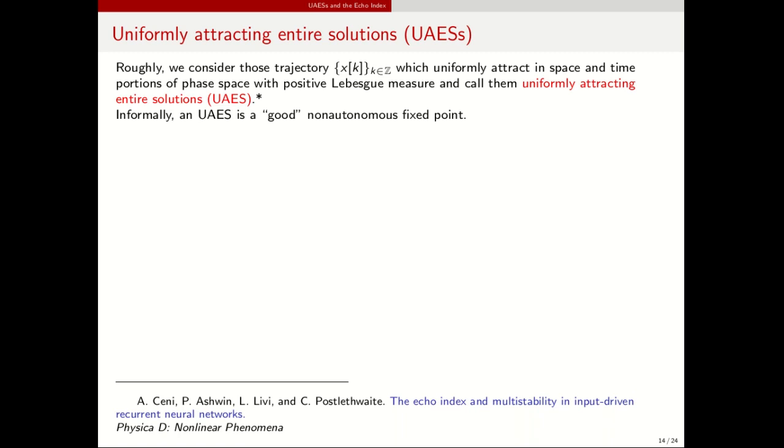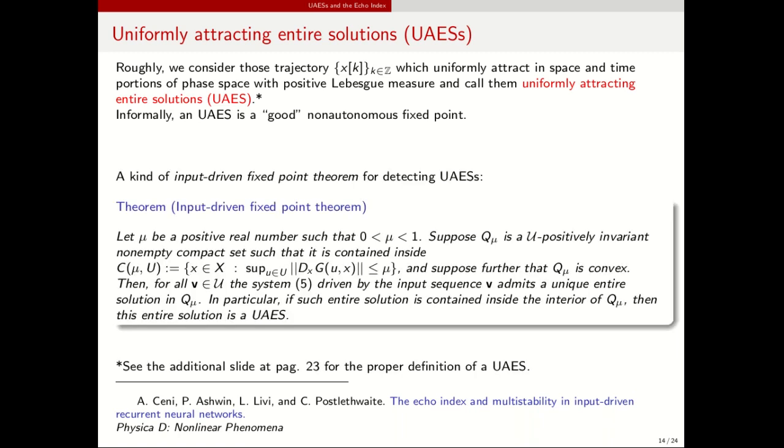And we also provided in this paper, published in Physica D, a kind of input-driven fixed point theorem for detecting uniformly attracting entire solutions. The basic ingredients of this theorem are a compact subset Q, which is positively invariant with regard to this universe of input sequences.